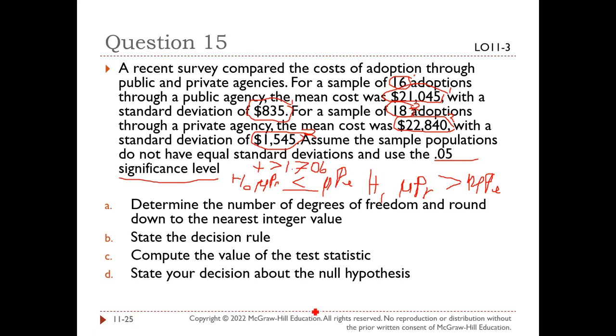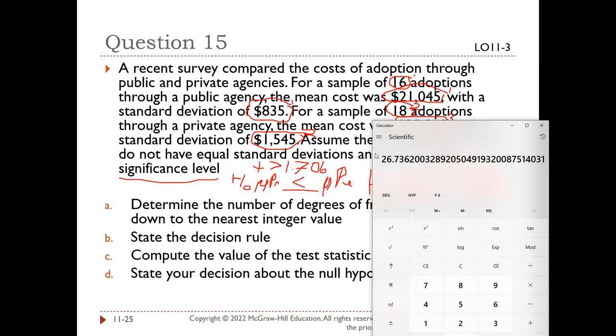Now, we get to actually calculate the t-value. Which again, since I'm going to use the archaic calculator here, we're going to do the inside first, which is our standard deviation of 835 squared divided by 16 plus our standard deviation 2, which is 1,545, squared.